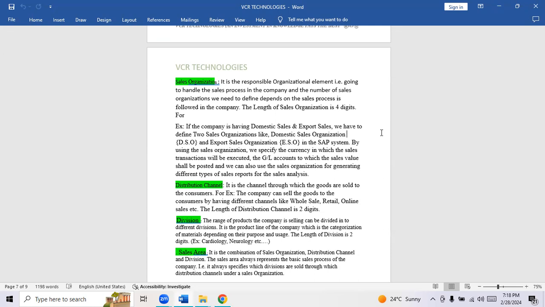But the shop brings all the products from a wholesale market. Between the wholesale market and the customer, one channel partner is there. That person we call the consumer. For example, the company can sell goods to consumers through different channels like wholesaler, retailer, online sales, etc. The length of distribution channel is 2 digits.